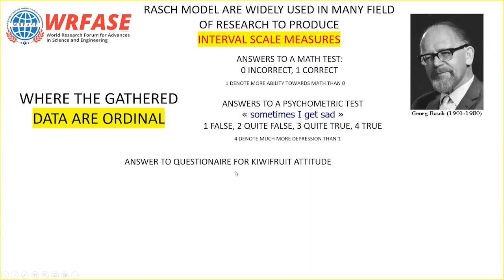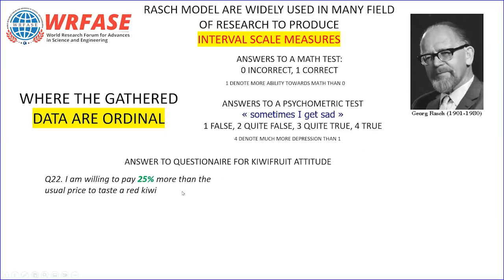And for example, in a questionnaire for kiwi fruit attitude, we have this kind of question: I'm willing to pay 25% more than the usual price to taste a red kiwi.